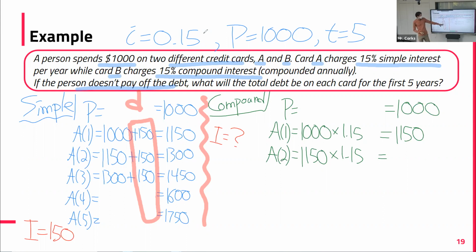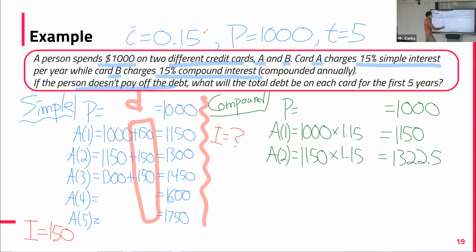Okay, so with this example and the next two, if you want to use a calculator to figure these out, that's fine. With interest rates, it's kind of impossible to have the numbers work out nicely and also be realistic. So if we want a calculator, that's fine. What's our next number here? 1,322.5.